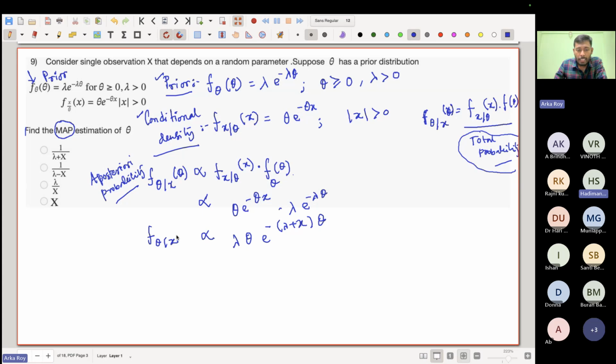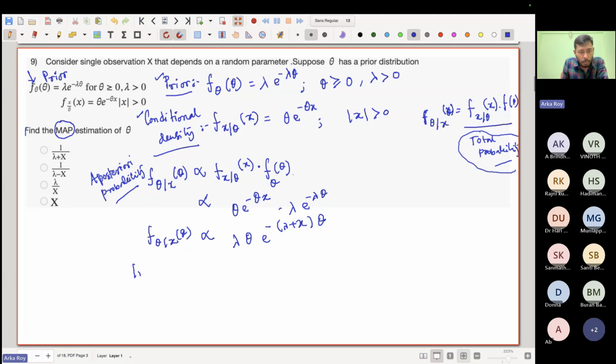Now we have to maximize this particular thing, and the form is in the multiplicative format. So we have to take a natural log such that this multiplication can be brought down to addition format, and then we can take the differentiation and equate it with 0 to get the maximum point. So it's a function of theta.